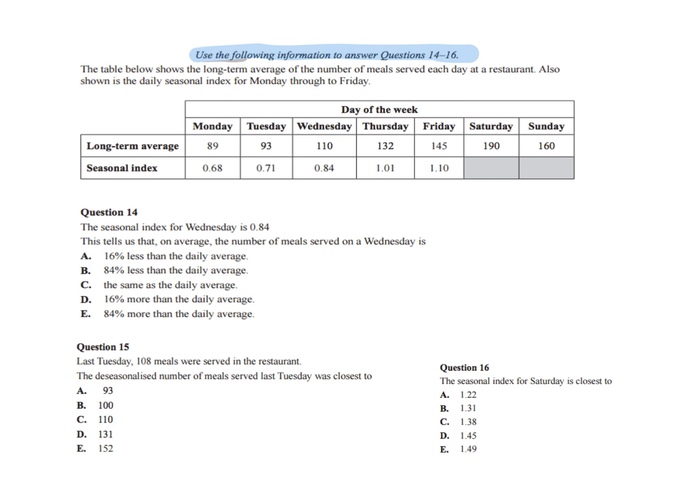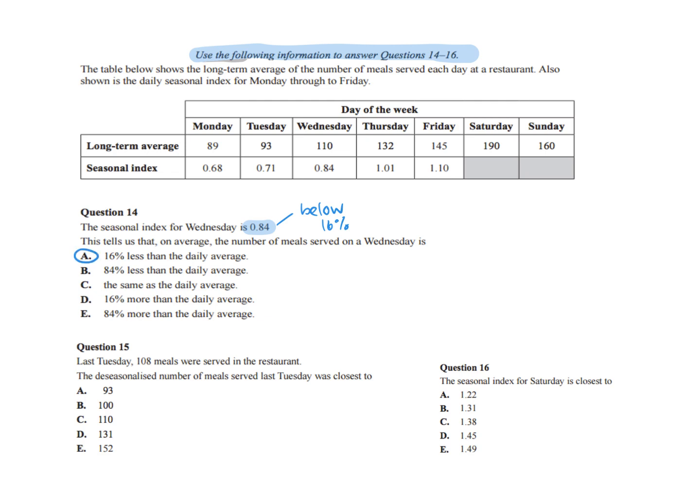So this tells us that on average the number of meals served on Wednesday is... So that is simply us interpreting a seasonal index of 0.84. What does that mean? Is it above or below average? It's below. By how much? 16%. Good. So it's 16% less than the daily average.